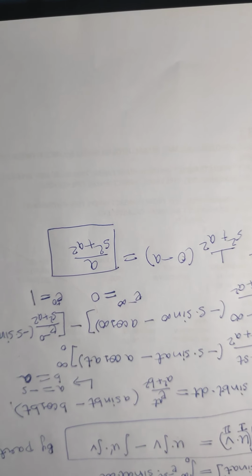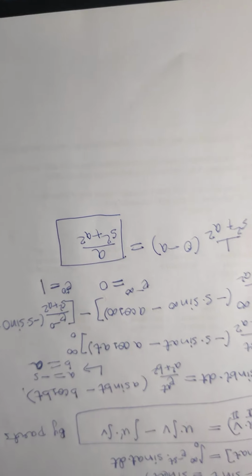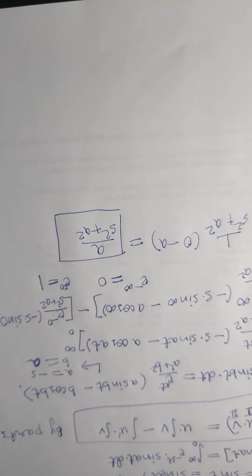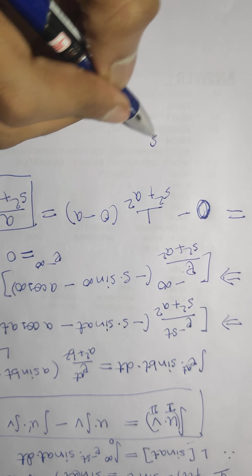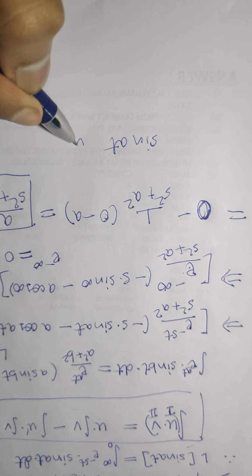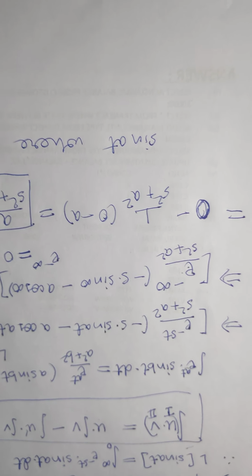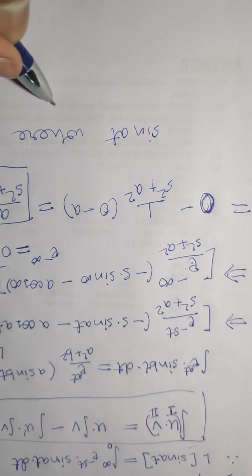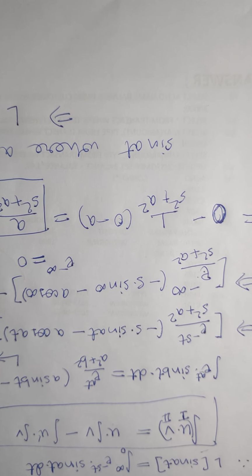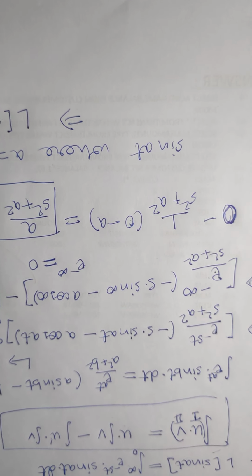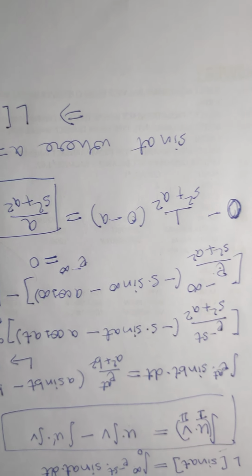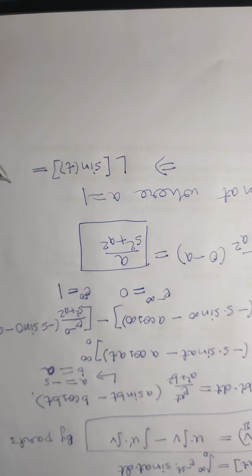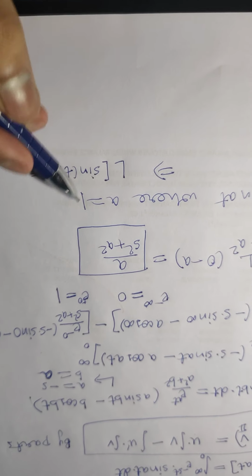General definitive answer that you will get for the Laplace transform of sine at, any function sine at. And for a function sine at where a is equal to 1, we can say L of sine t will be, no, a is 1, right?